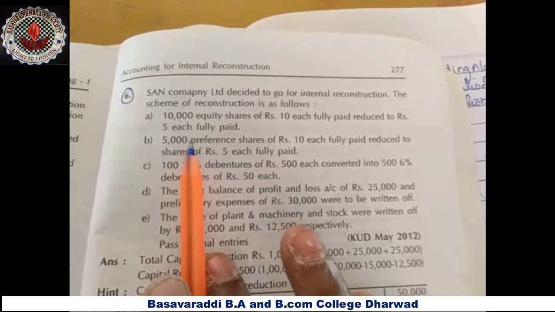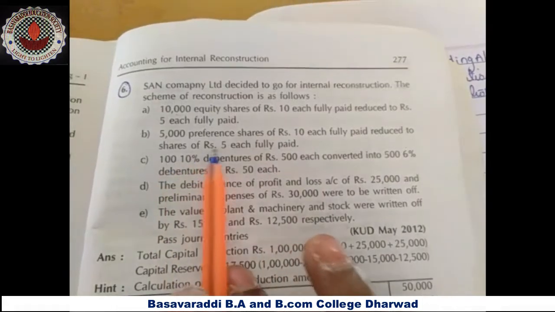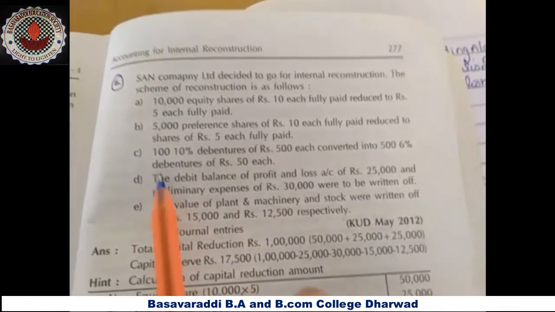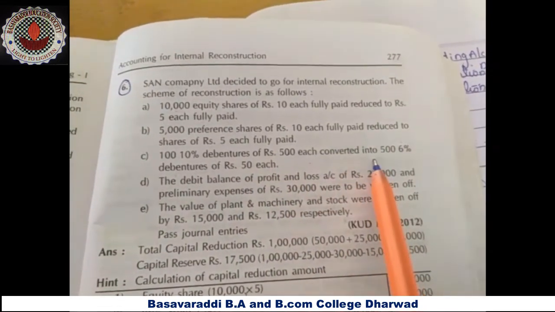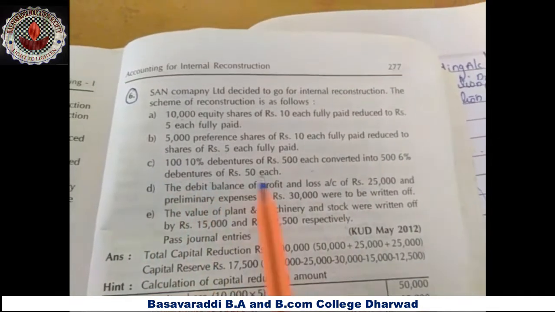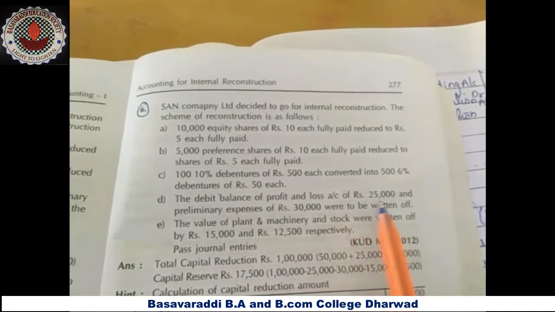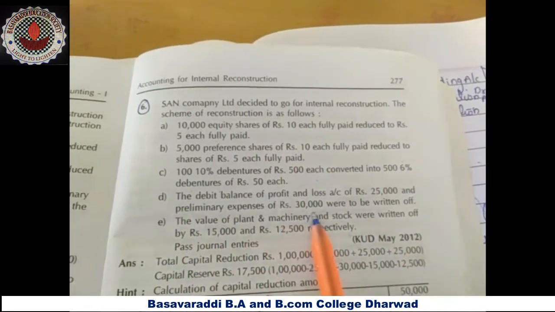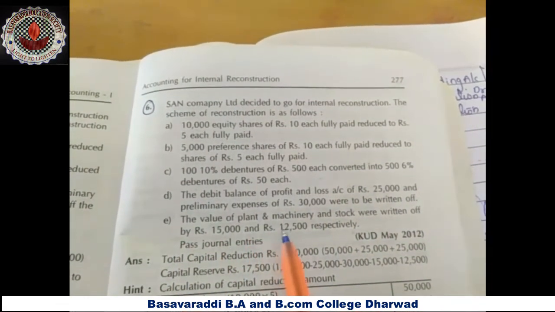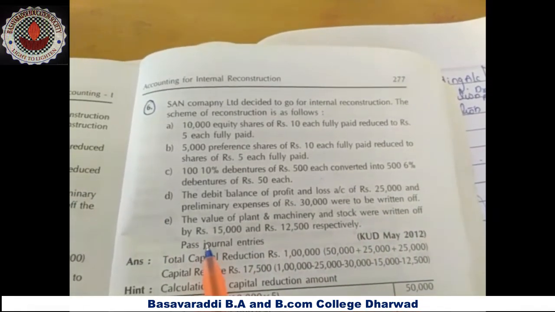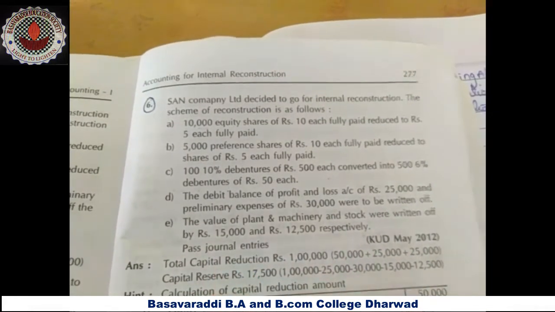Next, 5,000 preference shares of rupees 10 each fully paid up, reduced to rupees 5 each fully paid. Next, 1,000 10% debentures of rupees 500 each converted into 500 6% debentures of rupees 50 each. Next, the debit balance of profit and loss account of rupees 25,000 and the preliminary expenses of rupees 30,000 were to be written off. The value of plant and machinery and stock were written off by rupees 15,000 and 12,500 respectively. Pass the journal entries.